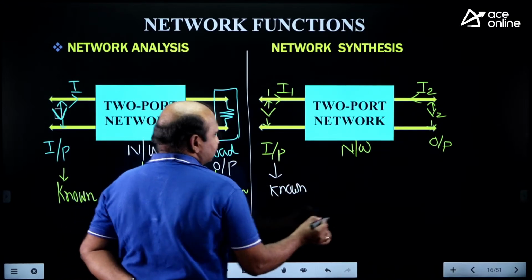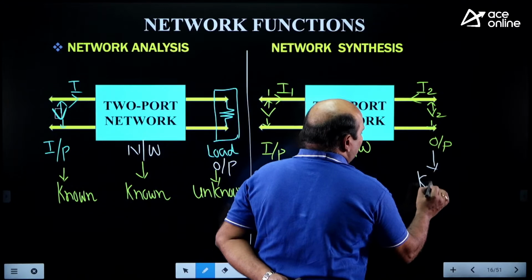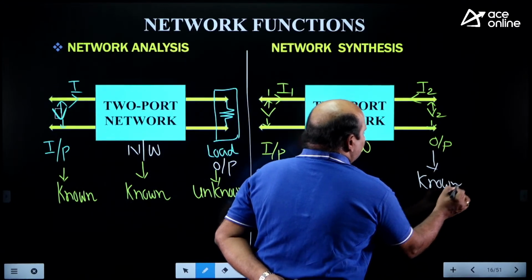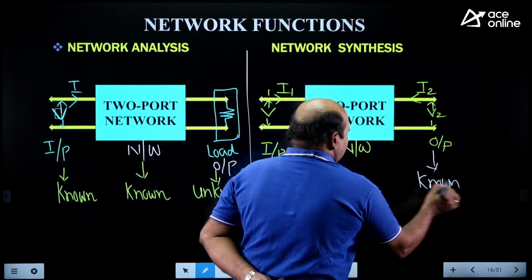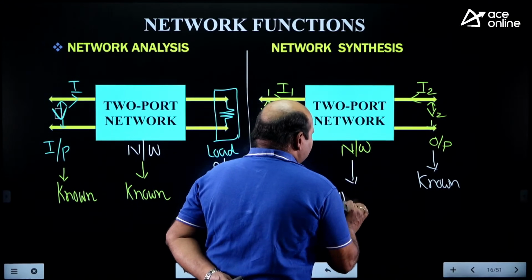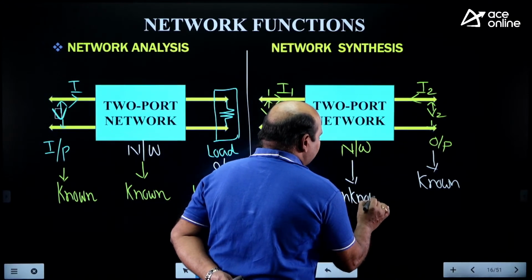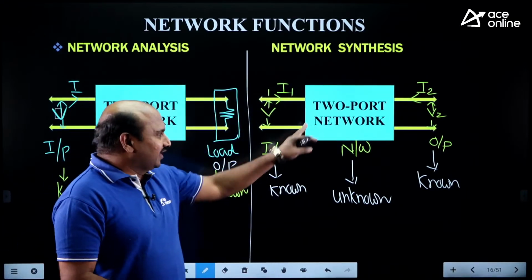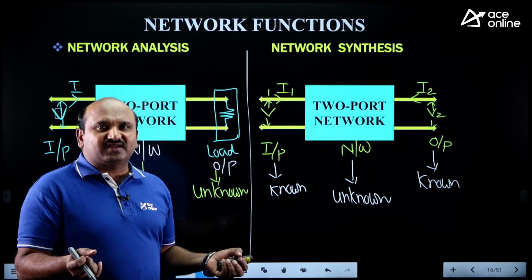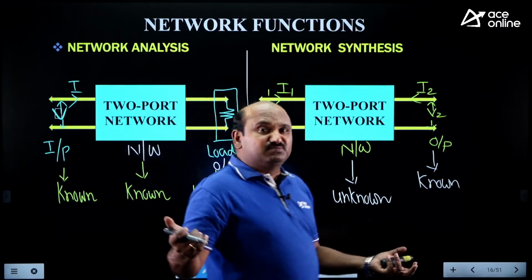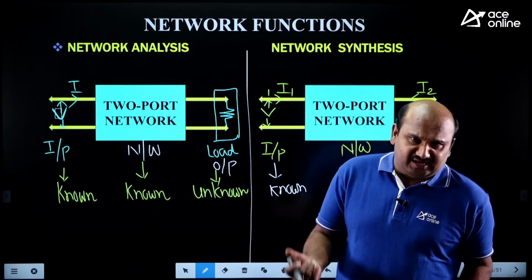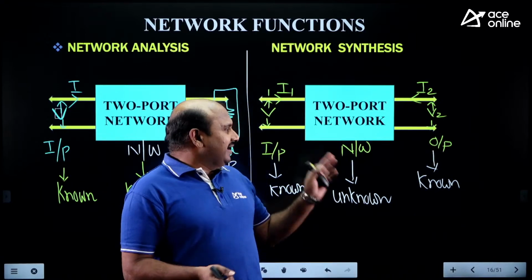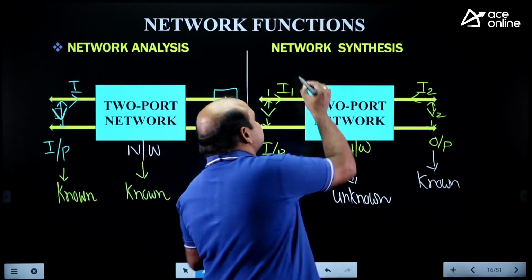Are you getting, guys? And this is also known, and this is unknown. How we need to realize the network? We need to synthesize that network. This is the unknown. What type of network? Or that network is made with what type of elements? These are the questions you may expect under network synthesis.